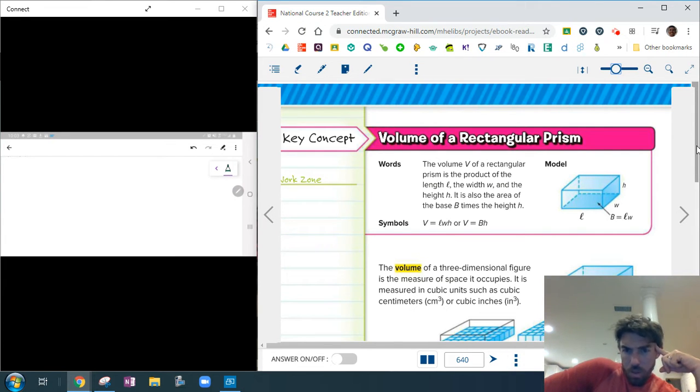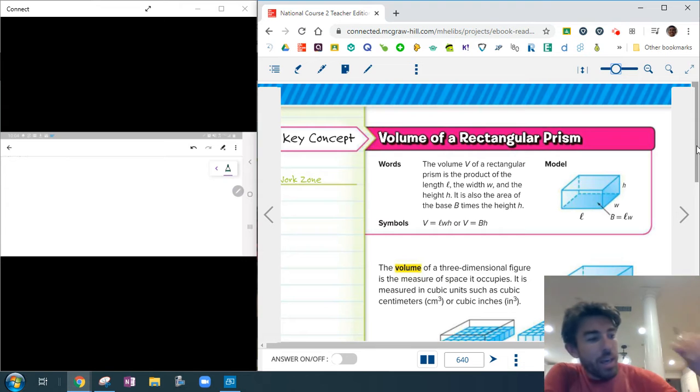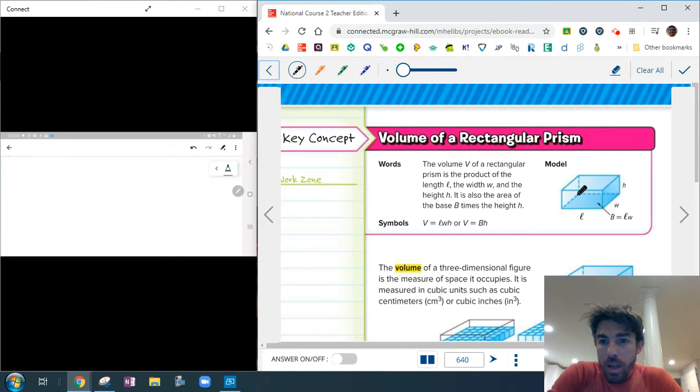Let's get rolling with prisms. We've got two bases that are parallel to each other. In this case, we have a rectangular prism. So we have the rectangular base down here, and it has an identical parallel base up here, and that's what makes it a prism.